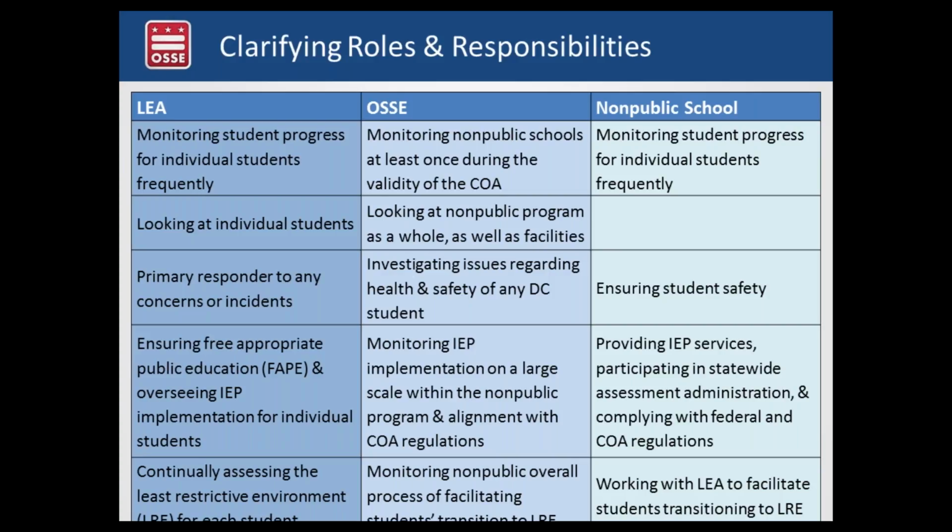The non-public school should also be engaging in that conversation with the LEA at least annually, and when students have made enough progress that they're able to return to the LEA, the non-public school would work to facilitate that transition. And OSSI, in our monitoring role as the state education authority, oversees and evaluates the process by which the LEA and the non-public are looking at LRE.